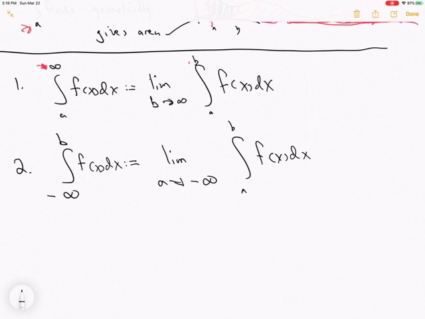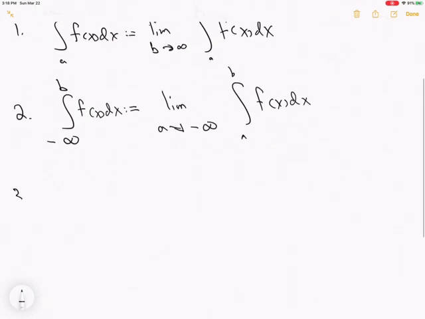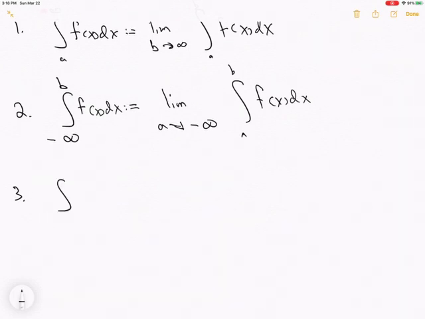Then we can combine them using the fact that areas add over regions, which gives us one of our properties of integrals. Now that we know how this is defined, we can even talk about integrating something from negative infinity up to positive infinity.